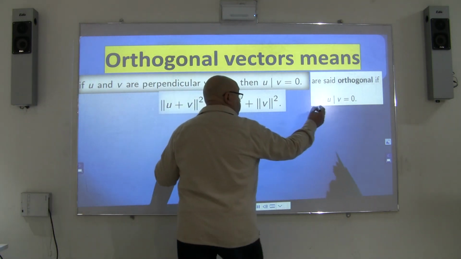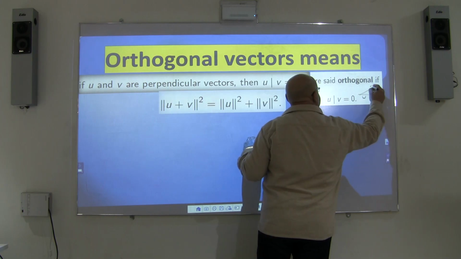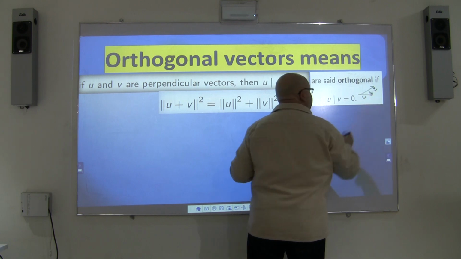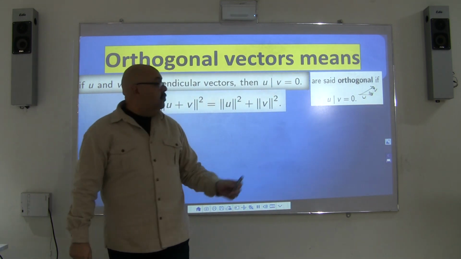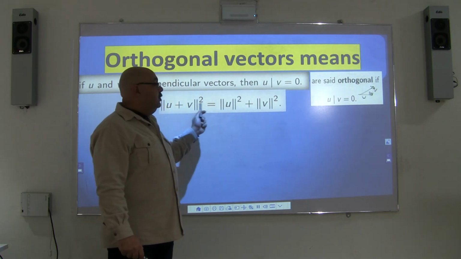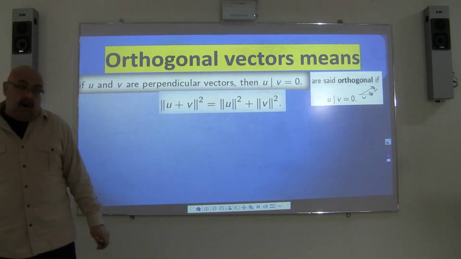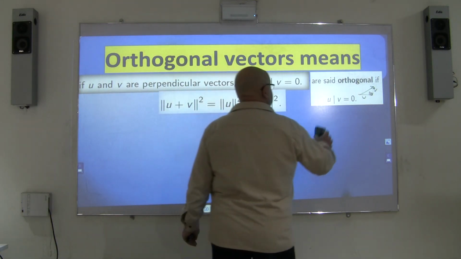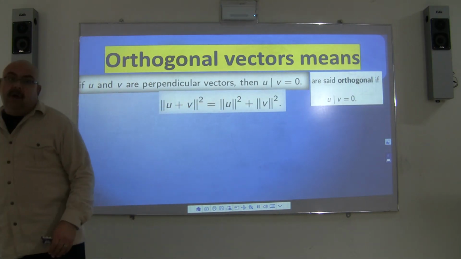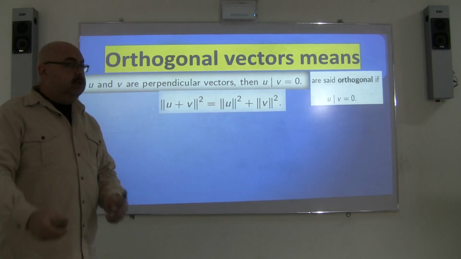If I have two vectors, that's u, that's v, that's the addition of these two vectors, and this angle is a right angle, so it makes sense. So you will have this relation: the squared magnitude of the sum equals the sum of the squared magnitudes. So that's the orthogonality property. Mainly, it is giving you equivalent ways to find orthogonality between two vectors.